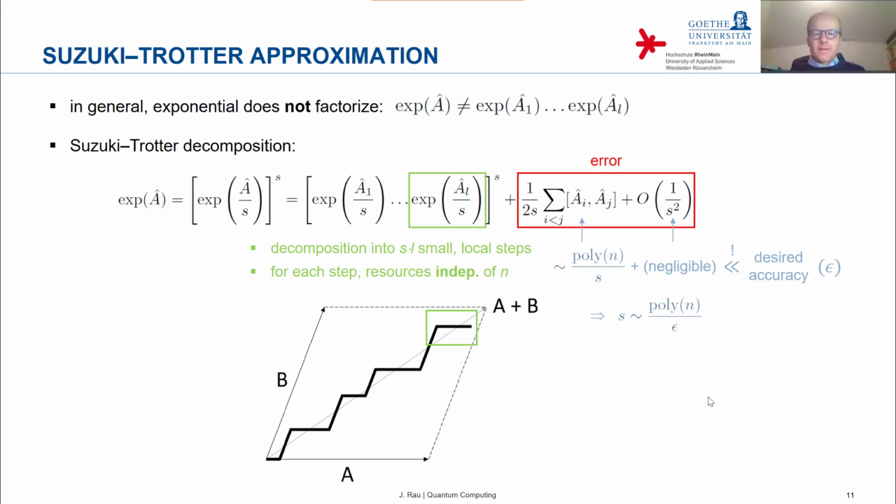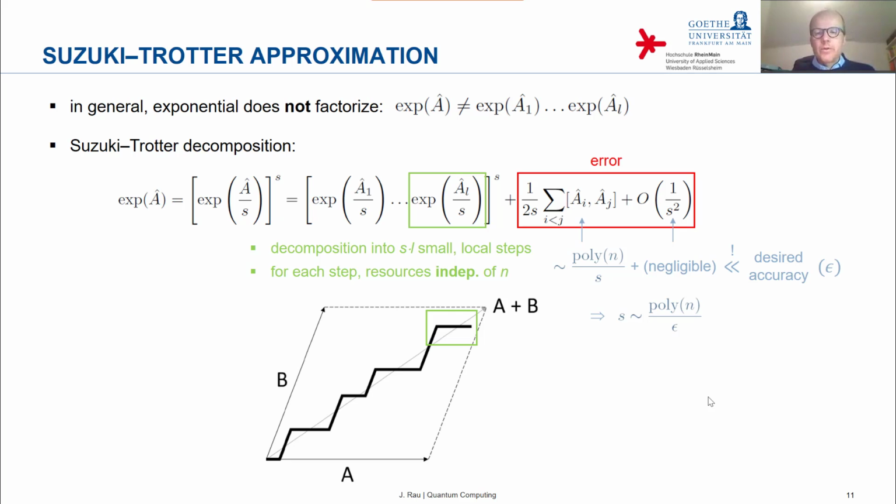Now remember, on the left side of the expression, where we have the many small local transformations, we have s times L of these small local transformations. We just found out that the s that we need in order to stay below the maximum error scales polynomially with n. We saw already on the previous page that L scales polynomially with n.